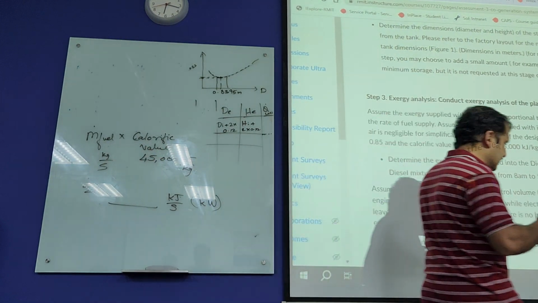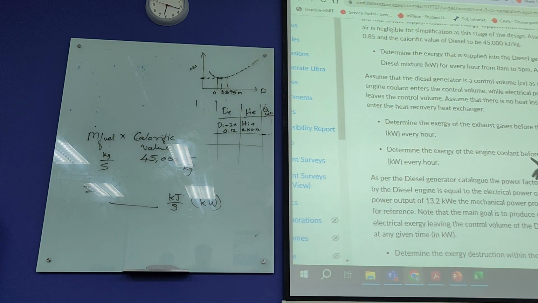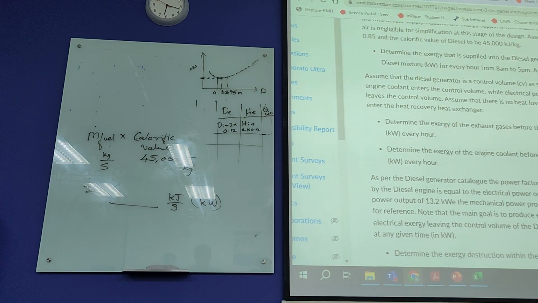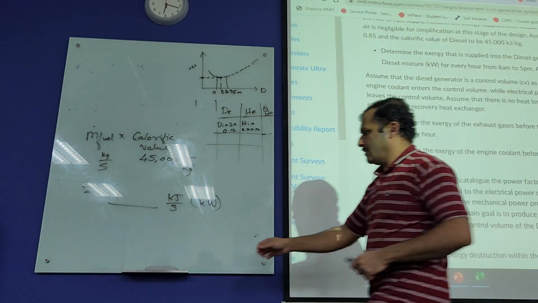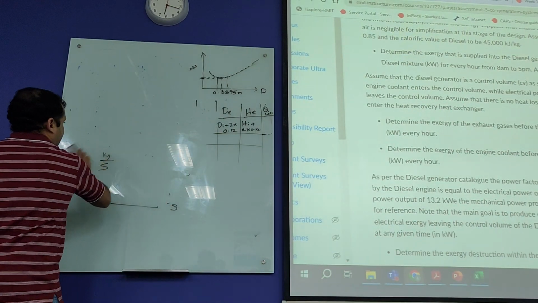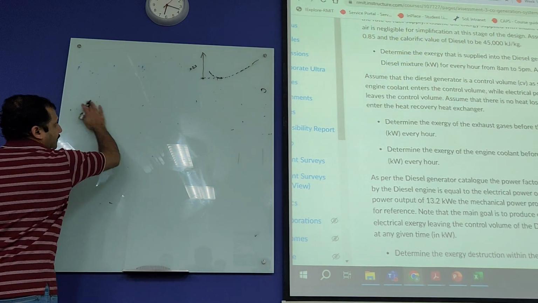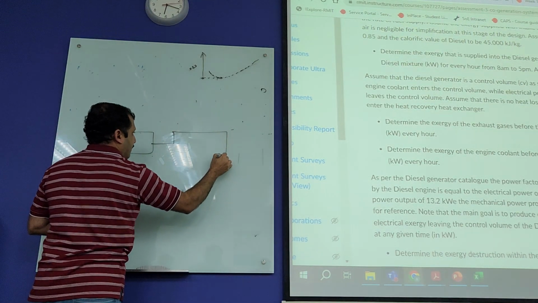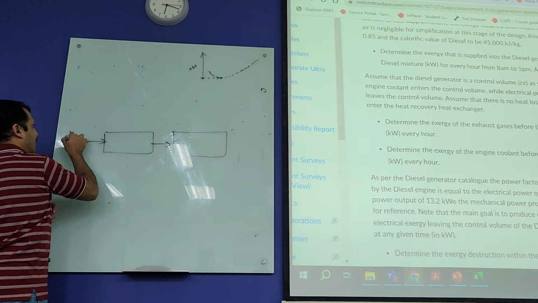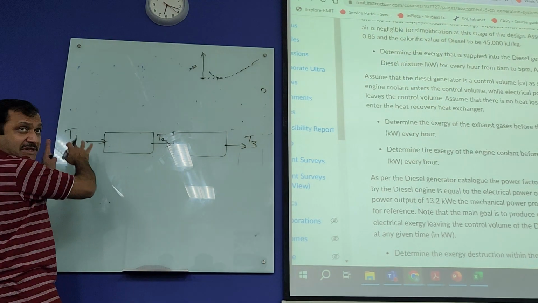Dot point 2 is always a little more involved. Determine the exergy of exhaust gases before they enter the heat recovery heat exchanger every hour. Everyone is now familiar with the T1, T2, T3 temperatures.